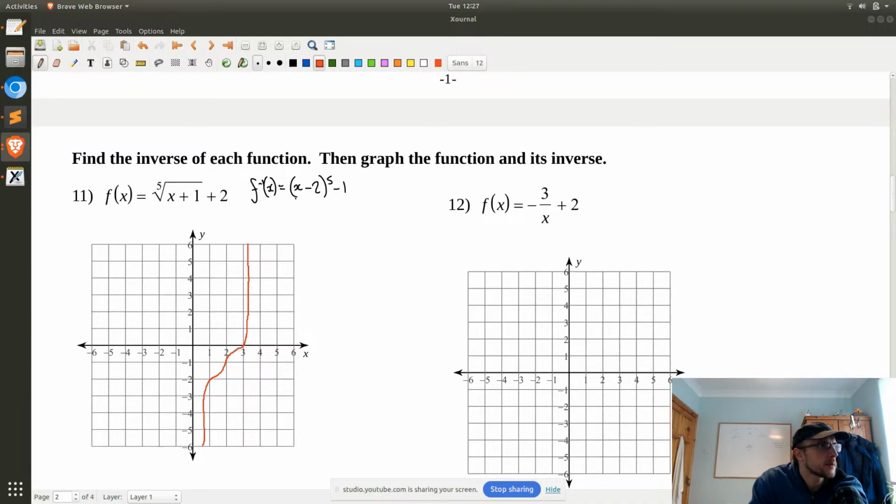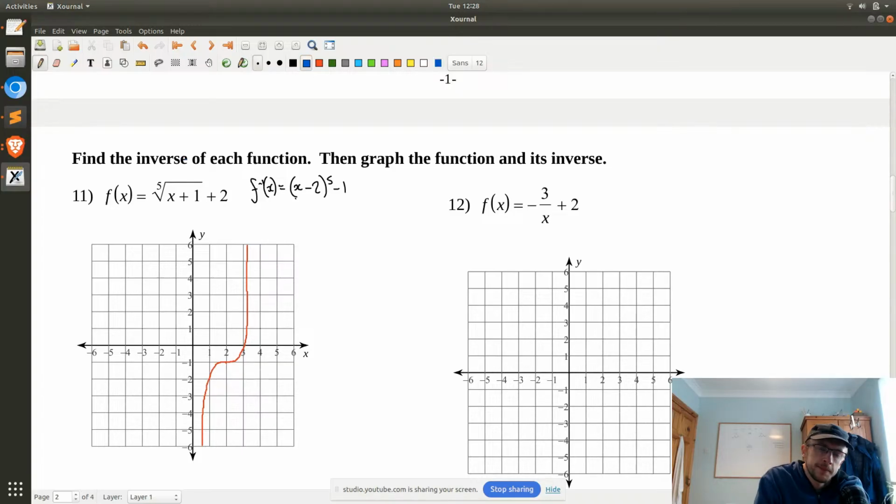Okay, it starts off low like that. There like that.